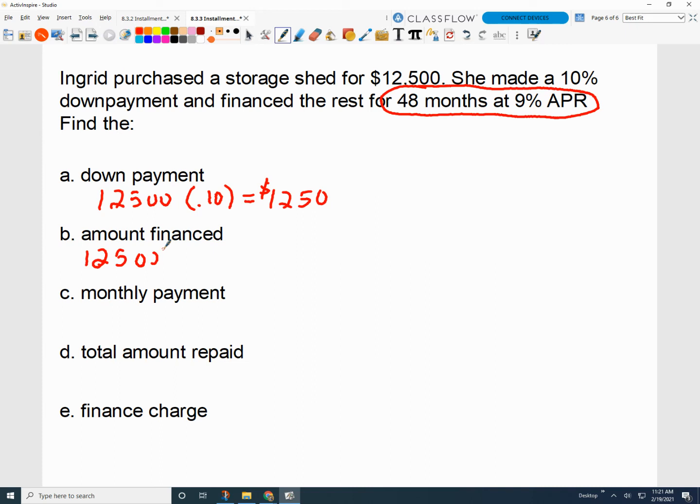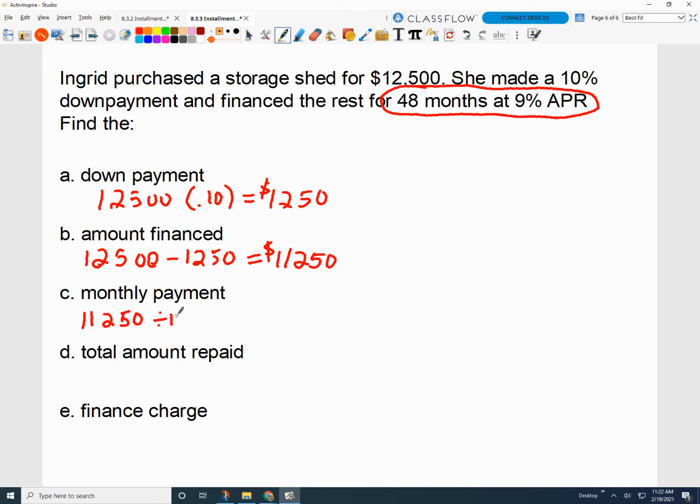She financed the $12,500 minus $1,250. She financed $11,250. So her monthly payment, $11,250.